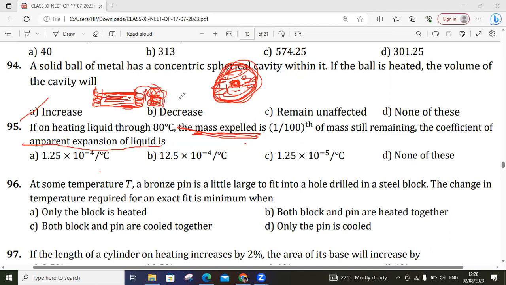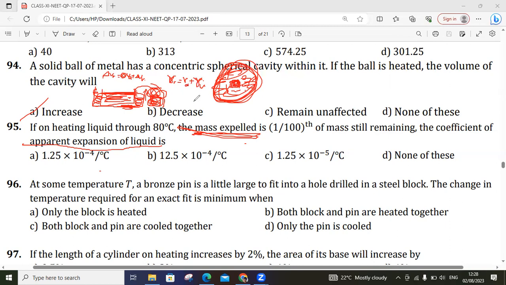This is apparent expansion, correct? And we had also discussed that gamma real will be equal to gamma apparent plus gamma vessel, correct? Basically, delta V real is equal to delta V apparent plus delta V vessel, divided by V delta T, you do everywhere. You get this.